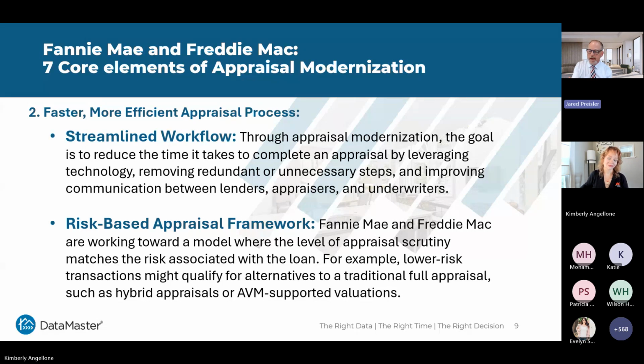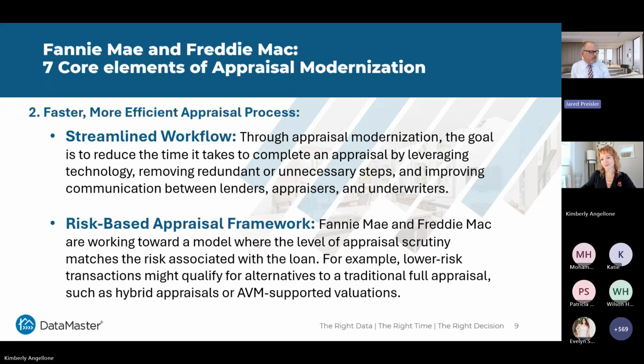We can't do that using legacy techniques and legacy products. And so being more efficient and faster, but not losing the risk. Our whole process, the reason that we're doing appraisal, is to help our clients manage their risk. And if we just get faster and we're not keeping the same quality, we're going to be introducing more risk instead of lowering the risk.